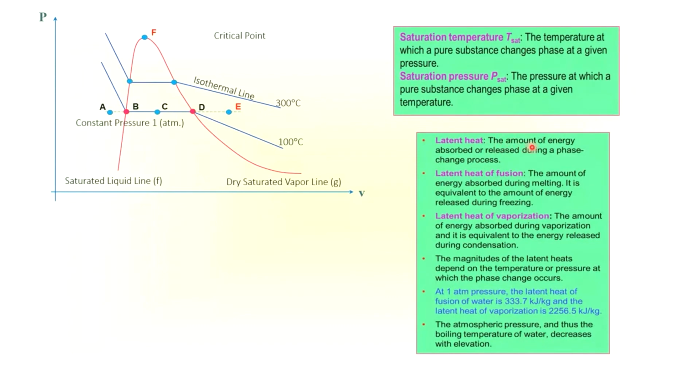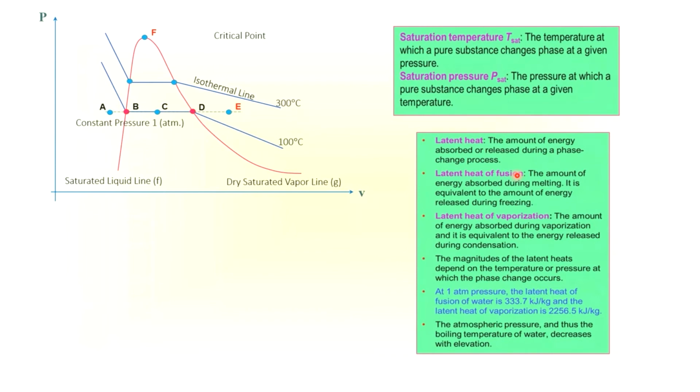So latent heat is the amount of energy absorbed to change liquid to vapor, called vaporization. To change vapor back to liquid is called condensation. It is the amount of energy absorbed or released during a phase change process.